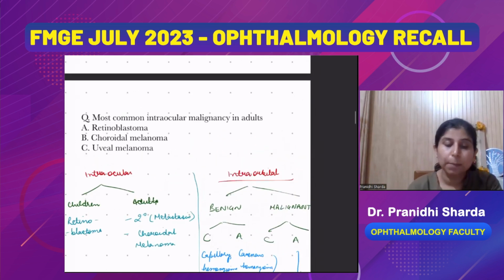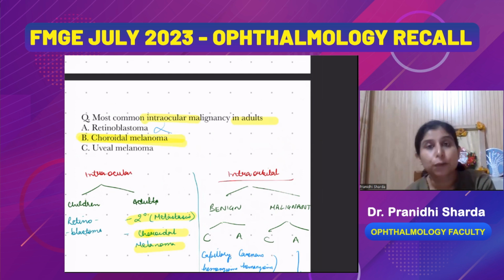So if we come back to the question, it was most common intraocular in adults. So the answer becomes choroidal melanoma. The options are retinoblastoma, choroidal melanoma and uveal melanoma. If both were the answers, we have to tick mark the choroidal. You may say that choroid is a part of uvea, but uvea is a general term, no? We have to tick mark the specific part. So it will not be uveal melanoma.